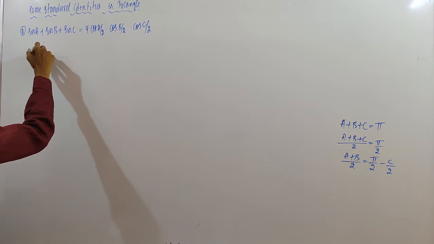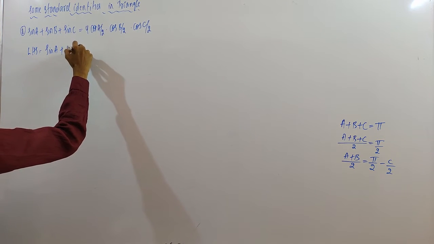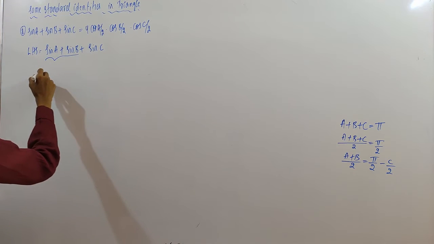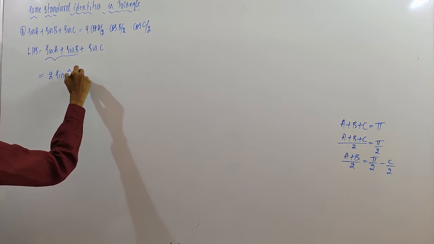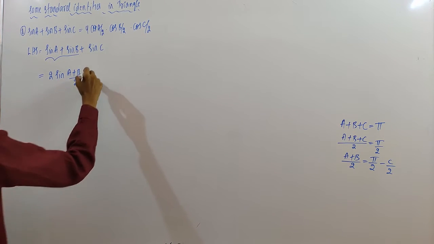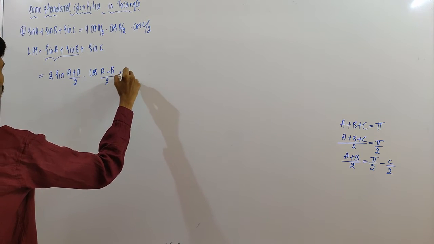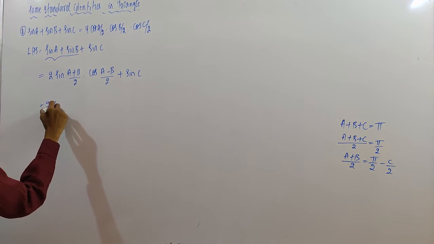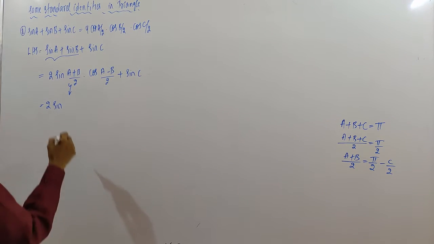Now let us take LHS. We have LHS: sin A plus sin B plus sin C. Now apply the sin C plus sin D formula here. We have 2 sin ((A plus B) by 2) cos ((A minus B) by 2) plus sin C as it is. 2 into sin, now apply the (A plus B) by 2 value, pi by 2 minus C by 2.